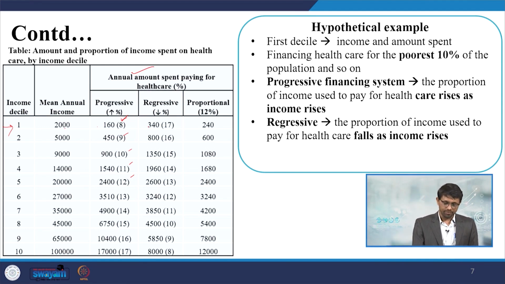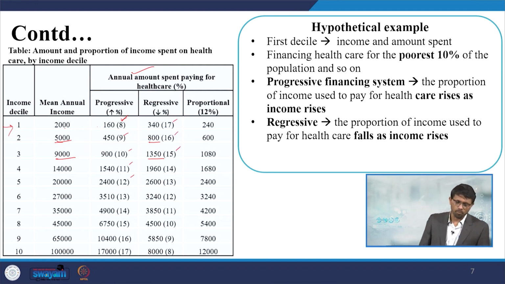So, initially 340 divided by 2000, then 800 divided by 5000, or 1350 divided by 9000, etc. Initially we derived 17%, then 16%, then 15%, and so on.